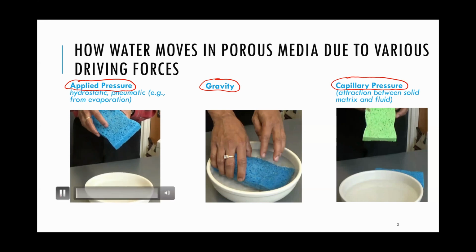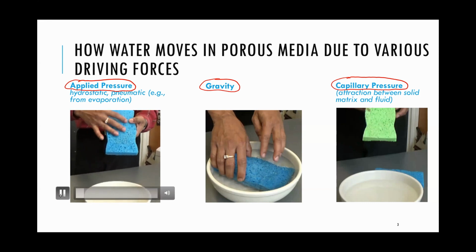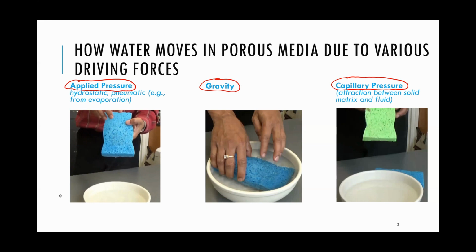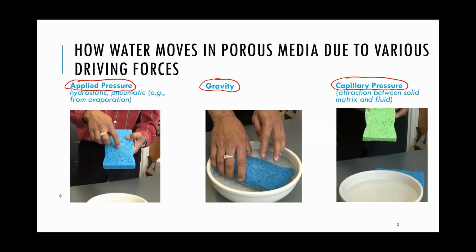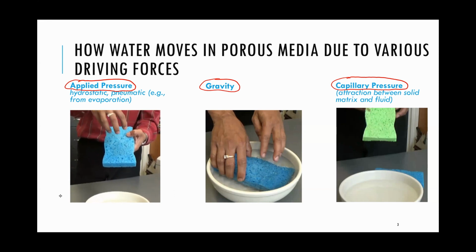And now we can have applied pressure. What is applied pressure? So we got more water in the sponge. And so if I have a column of water on it, that will push water through the holes of the sponge, and that will cause a flow of water through this porous media.